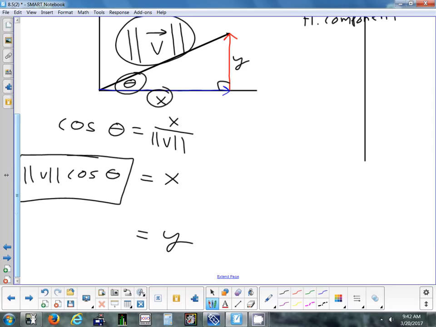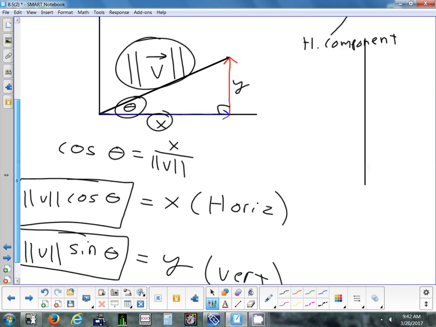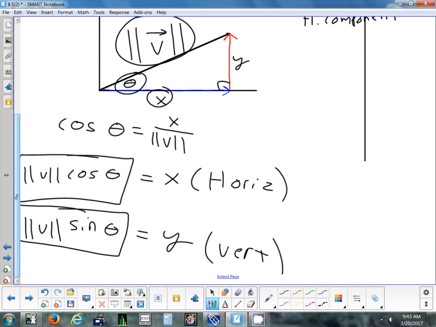Yeah, it's going to use sine. So what would your formula for y be? The magnitude of v times sine theta. It's just going to involve two different sides: opposite and hypotenuse instead of adjacent and hypotenuse. And that's your horizontal component. Horizontal, vertical.